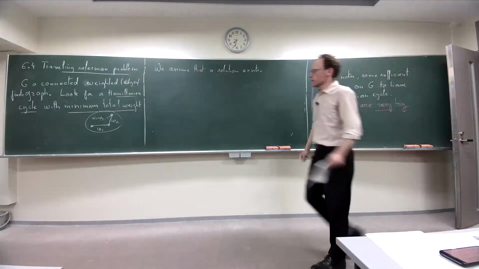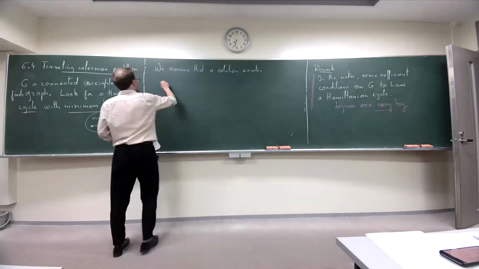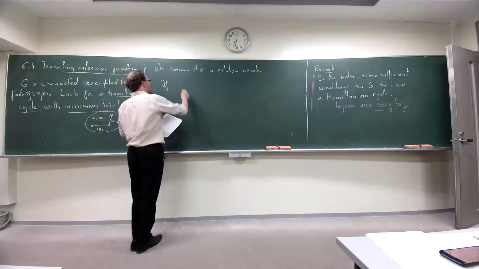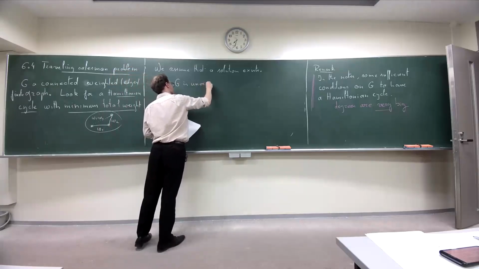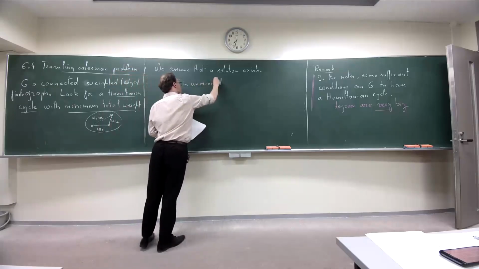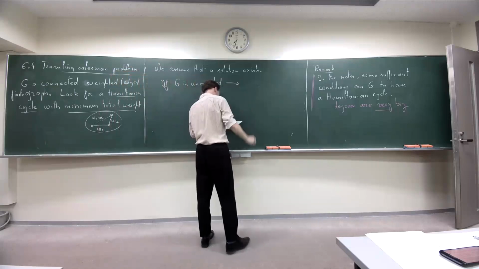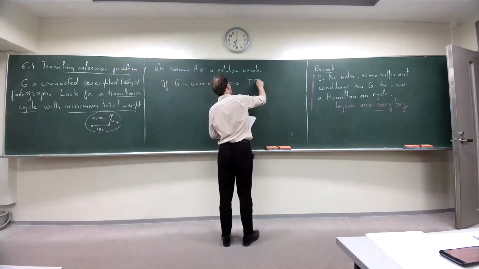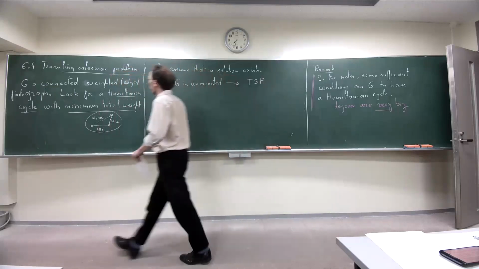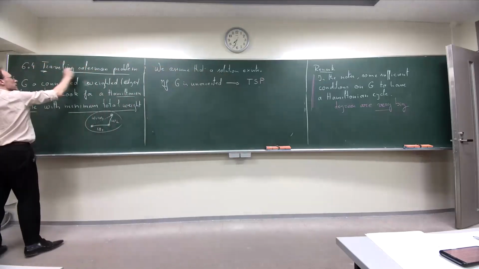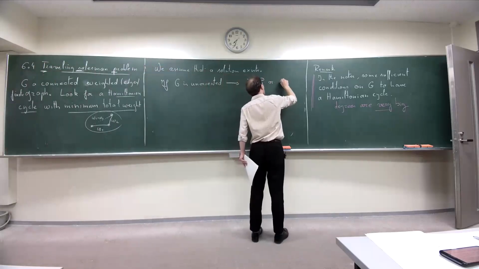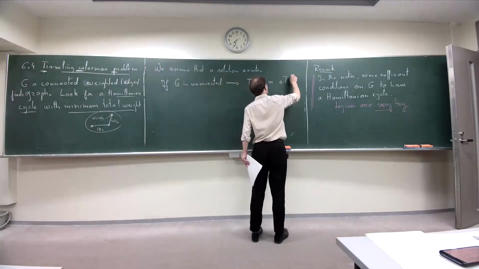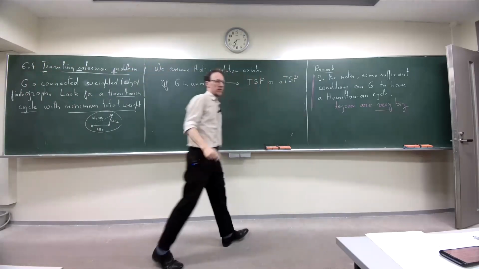Now, there are two problems. If G is unoriented, we call this problem TSP for traveling salesman problem, or small s TSP for symmetric.